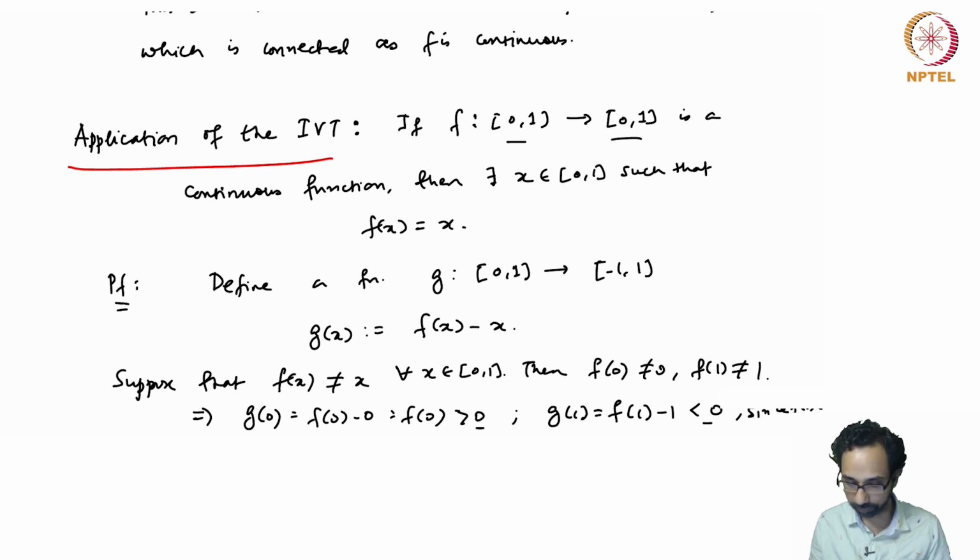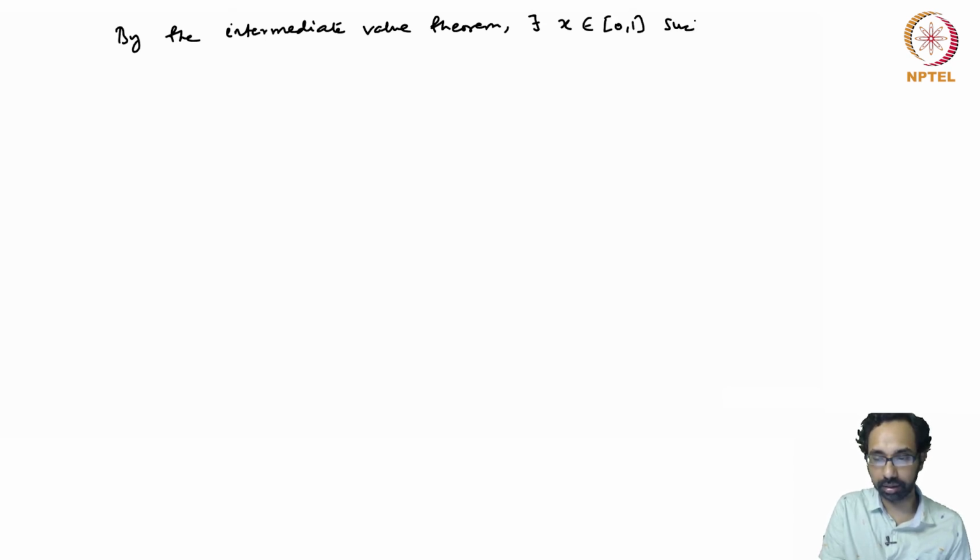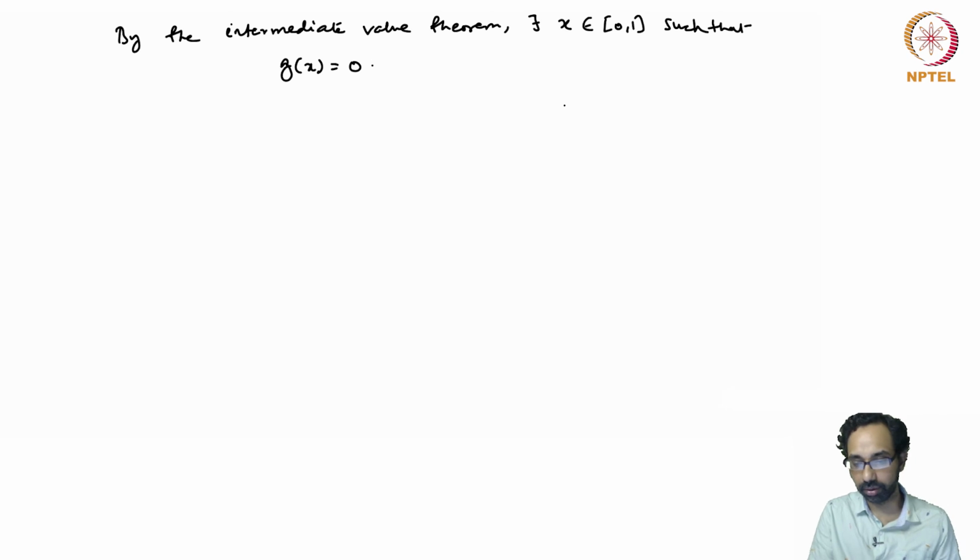And now we have, by the intermediate value theorem, there exists a point x in [0, 1] such that g(x) is equal to 0, because the graph of g(x) is something like this.